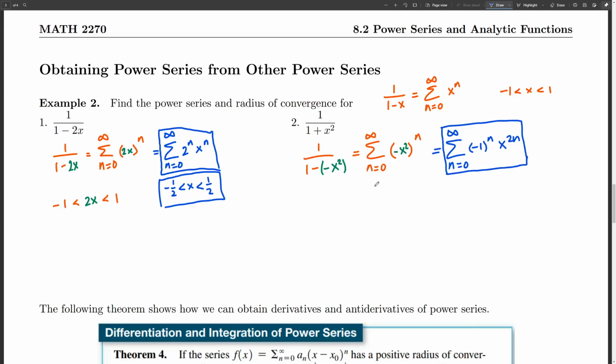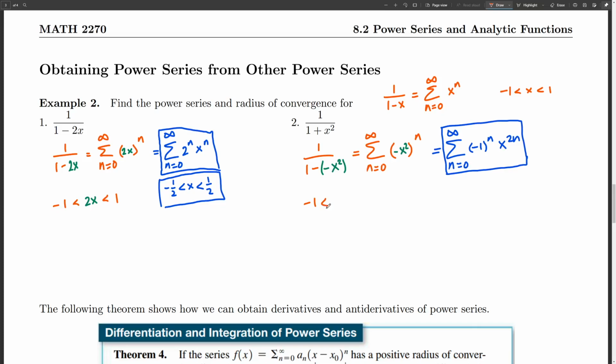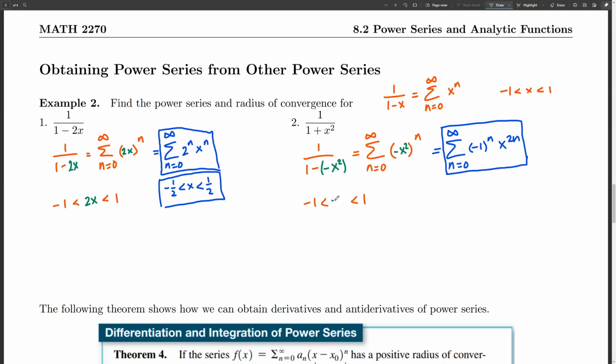And then the radius of convergence, well, we start off with negative 1 less than x less than 1. And now instead of x, we write negative x squared.